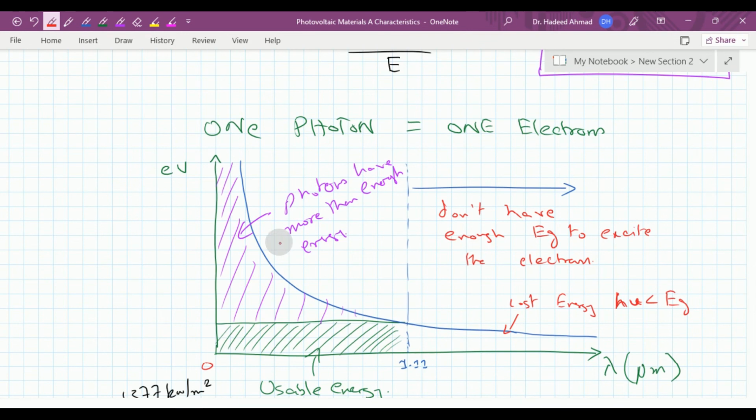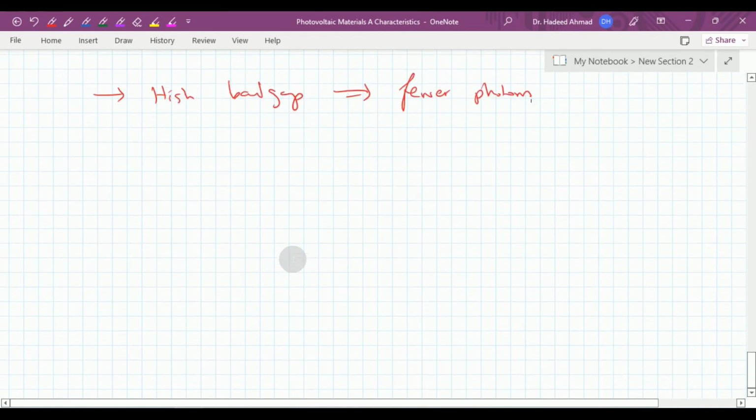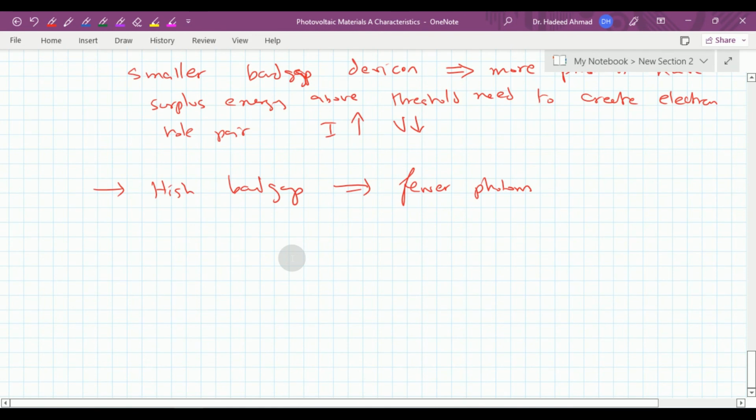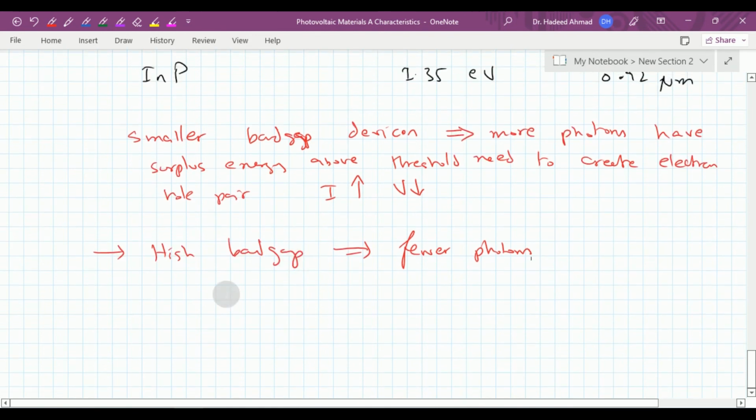If you increase this particular Eg here, you have fewer electrons available for the conduction band, but at the same time less wastage, because once an electron is bombarded by a photon of energy greater than its band gap energy requirement, the rest is all heat dissipation, as shown in this purple shade. So the point here is that the choice is not a trivial one as far as the efficiency of a given photovoltaic panel or material is concerned.